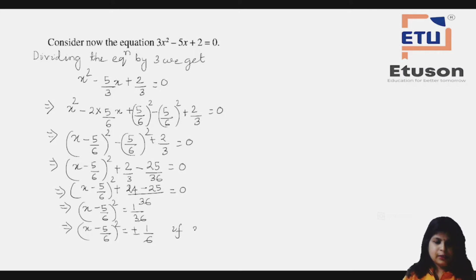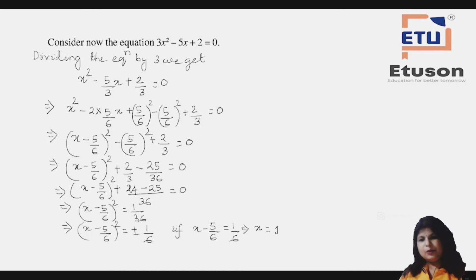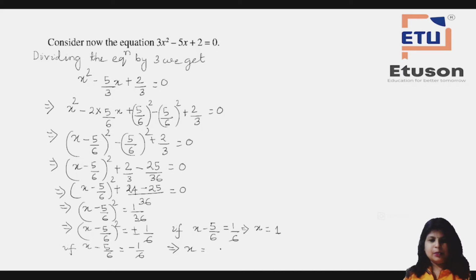If x minus 5 by 6 is equal to 1 by 6, it implies what will be your value of x? So x will be equal to 1. Correct or not? If you take the negative sign, then you will get what? If x minus 5 by 6 is equal to minus 1 by 6, it implies your x will be equal to how much?